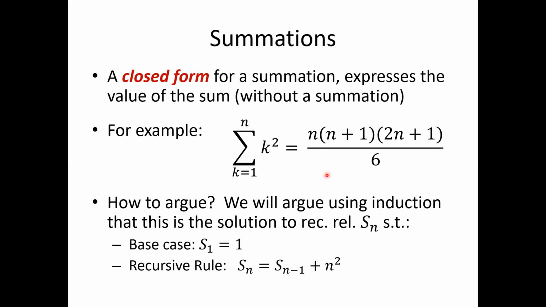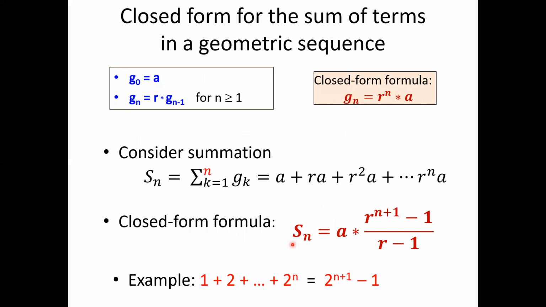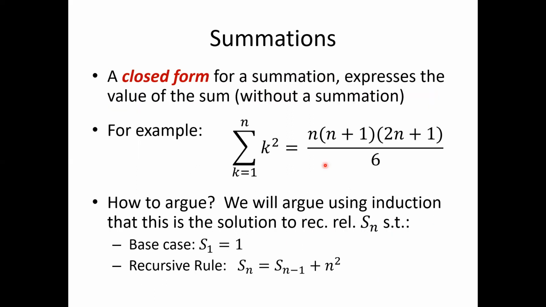So this closed formula is a closed form of the following recurrence relation, which is also a closed form of the following summation, because this summation and this recurrence relation are an identical thing, just looked at in two different ways. So this is one famous sequence and summation and its closed formula.